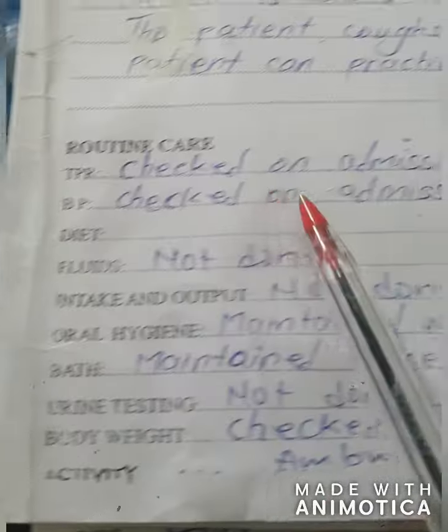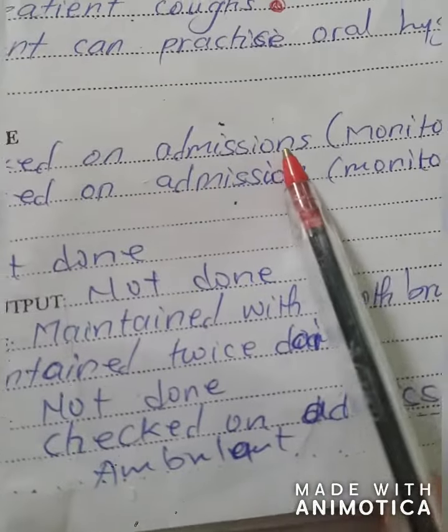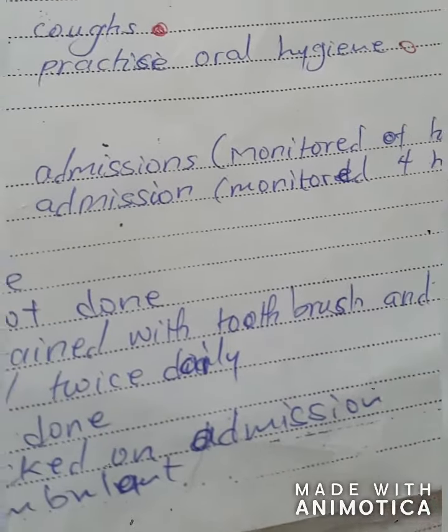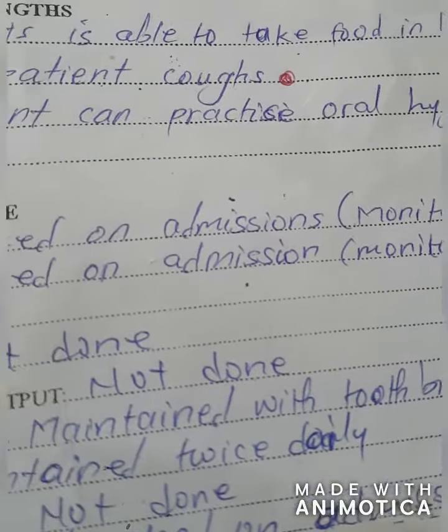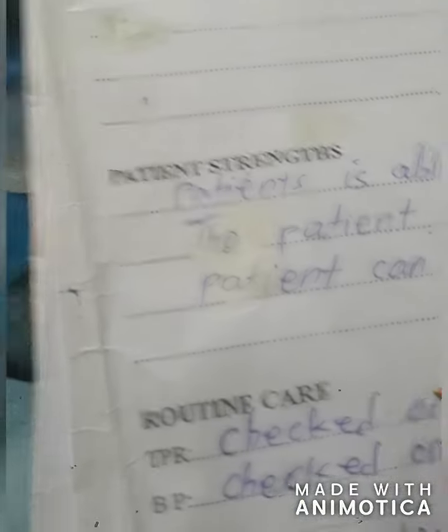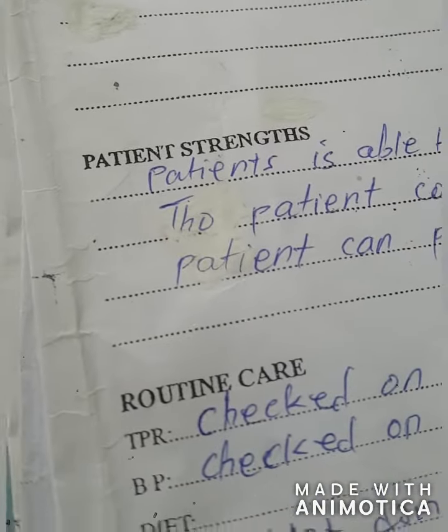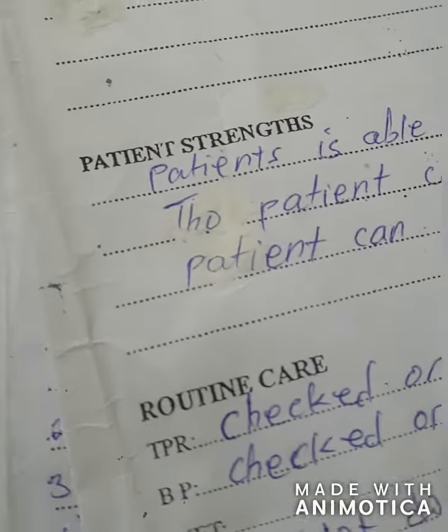Here, TPR checked on admission, monitored hourly. That's not how it should be written. Because this is the first one we are marking, I want to write the corrections there. The subsequent ones, you have to guess the correction.